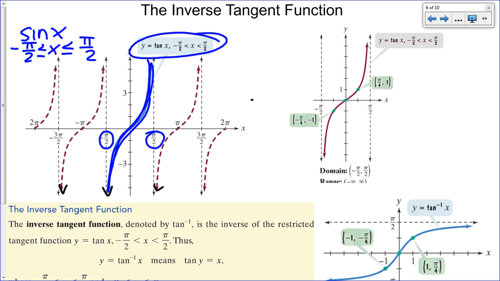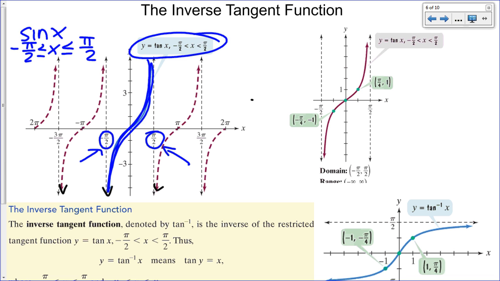Well, I see some dashed lines. What are they called? Vertical asymptotes. Yes. So it's not continuous. There's a vertical asymptote, so yes, because the tangent at those particular values will be undefined. So that's why we do not include those.